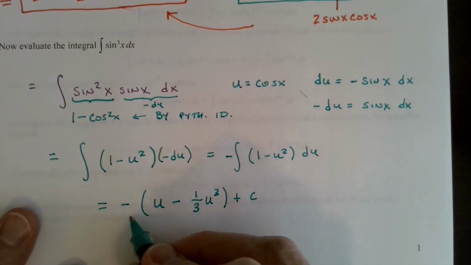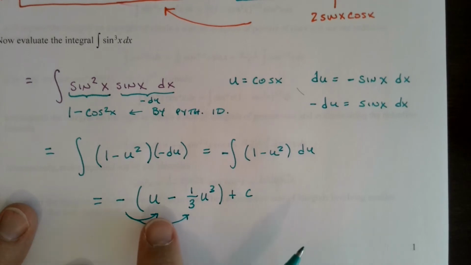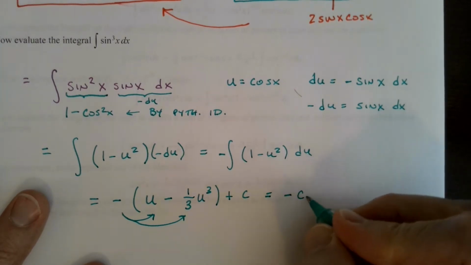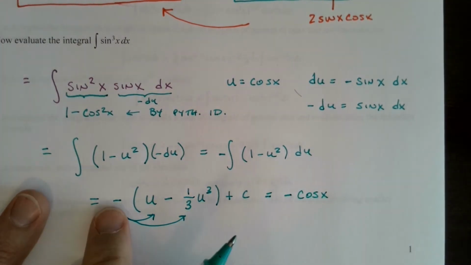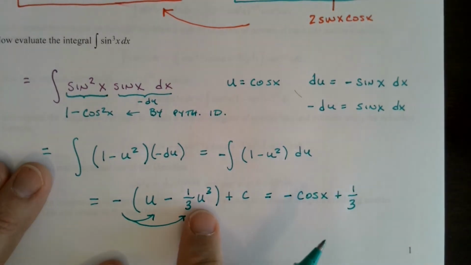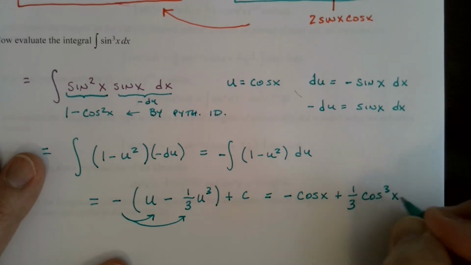Right? And now I'll go ahead and distribute that negative sign through. I could have done it to begin with. And I'm not done yet because I've got to replace u with what? Cosine x. And so what do I get? I get negative u, or negative cosine of x, plus 1/3 cosine of x cubed, and we usually write that as what? Cosine cubed x.